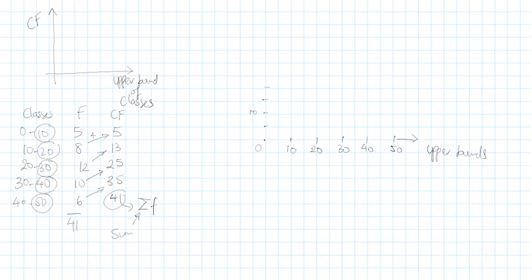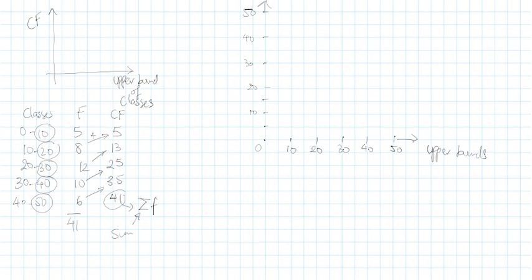So let us use 2 squares for 10 again. So 10, 20, 30, 40, 50. I think we have quite a good space to work with to create the graph. Okay, so using 2 squares for 10 was actually a good idea.